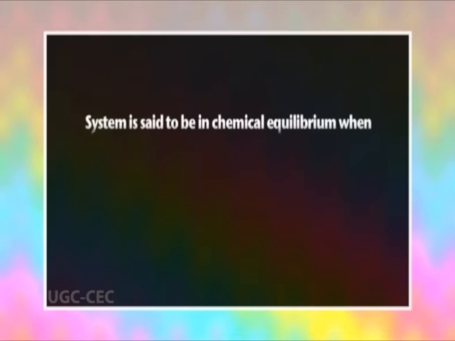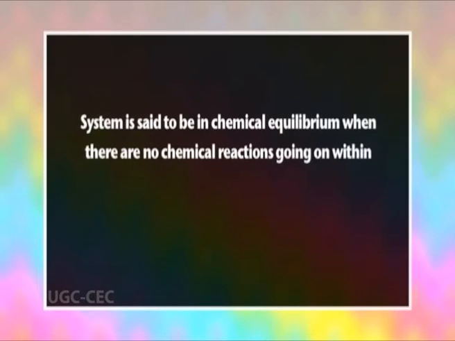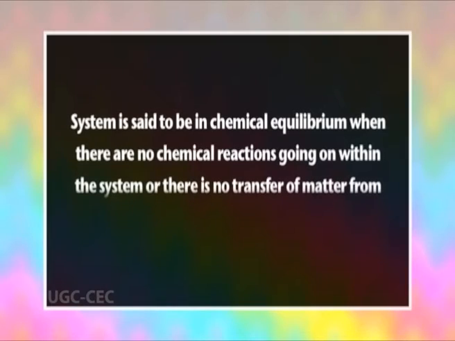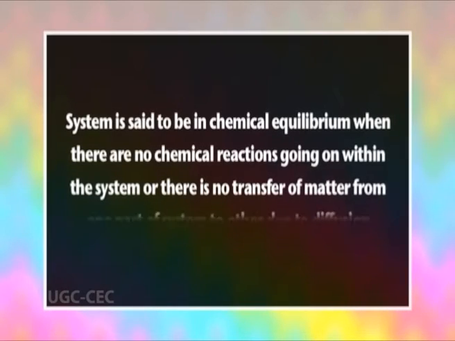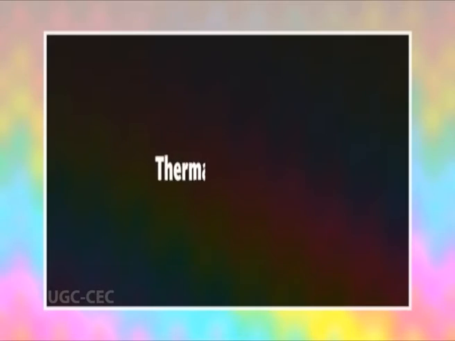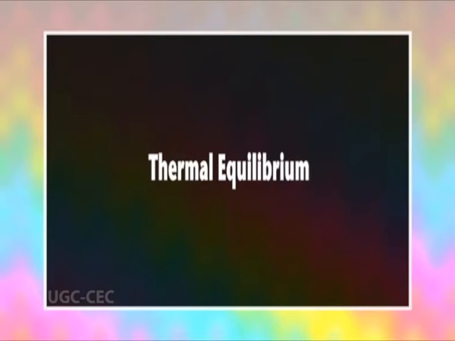Number second is the chemical equilibrium. The system is said to be in chemical equilibrium when there are no chemical reactions going on within the system or there is no transfer of matter from one part of the system to another due to diffusion. Two systems are said to be in chemical equilibrium with each other when their chemical potentials are the same. Number third is the thermal equilibrium.